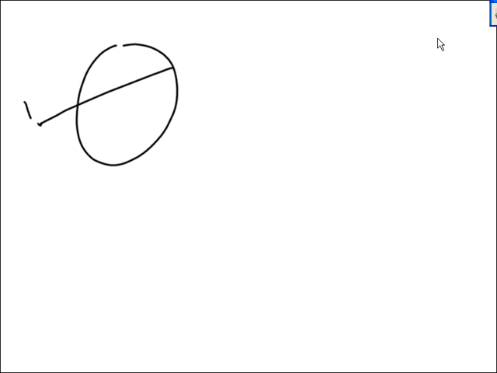Let us try one more. P, Q, R, and S. Tangent at S. PS is 3.